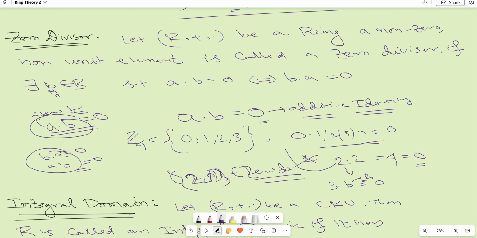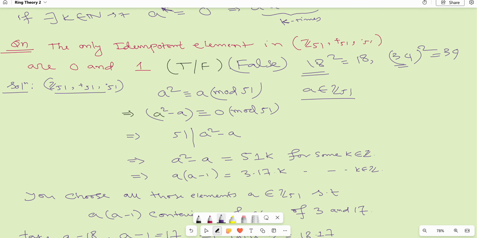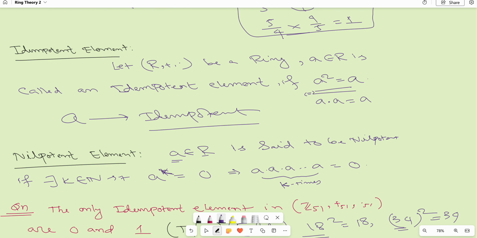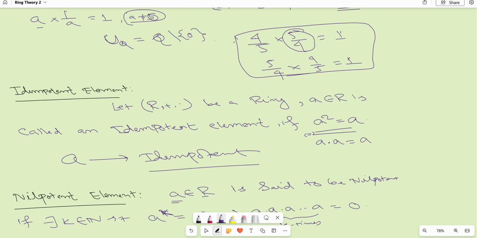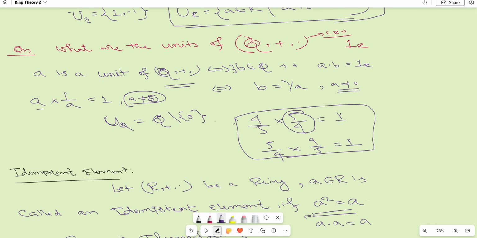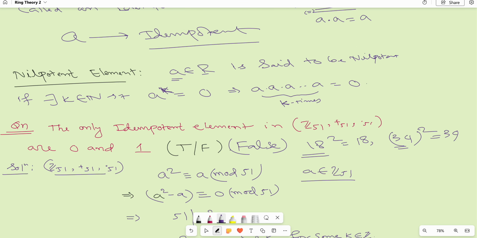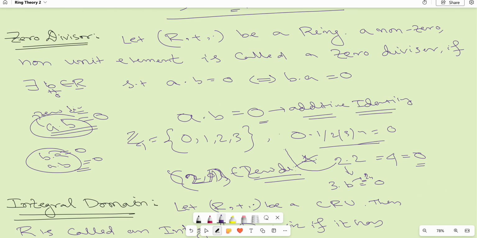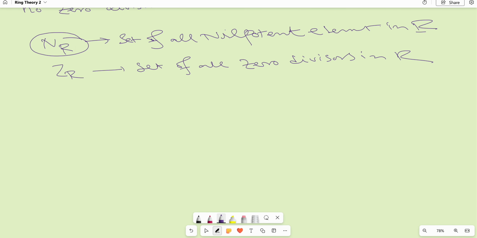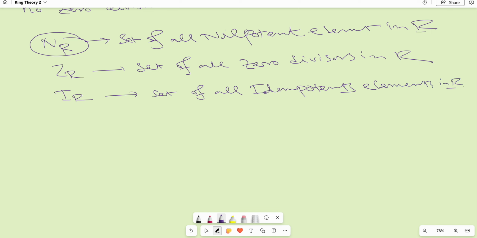Zero divisor, nilpotent, integral domain, zero divisor, nilpotent element, idempotent. Idempotent is defined as I, okay, and unit is U. And I(R) denotes the set of all idempotent elements in R, right?